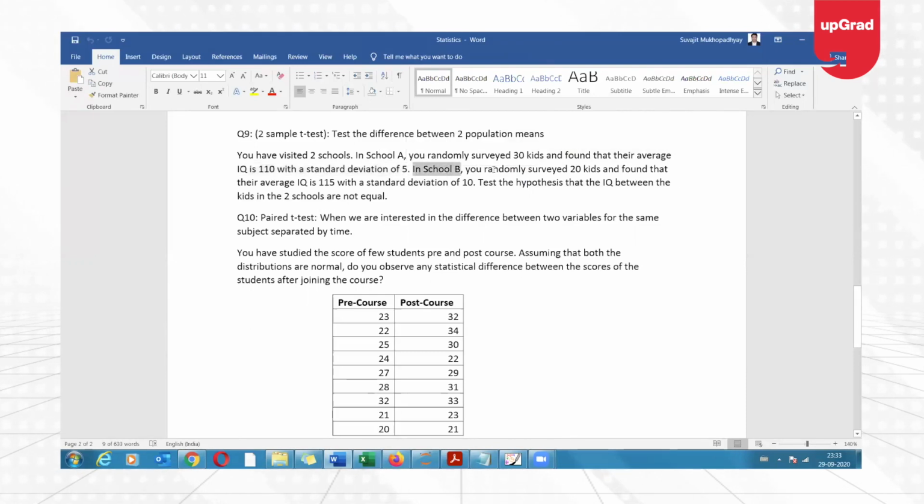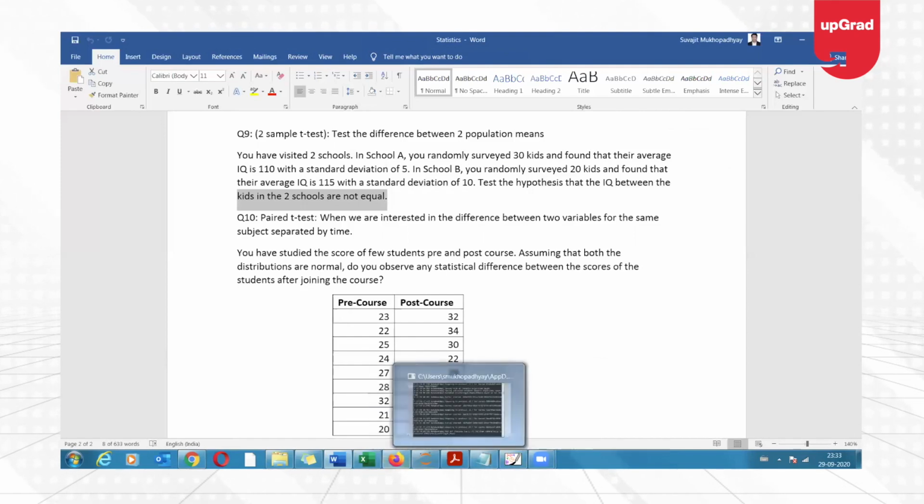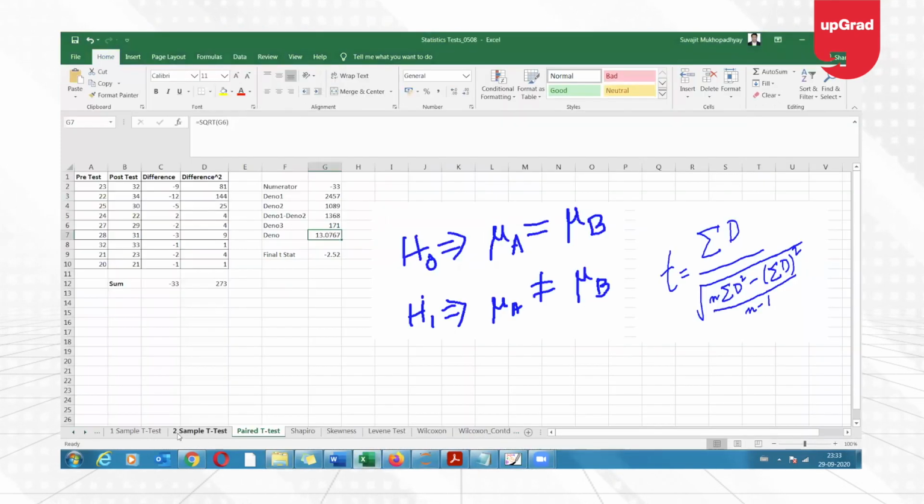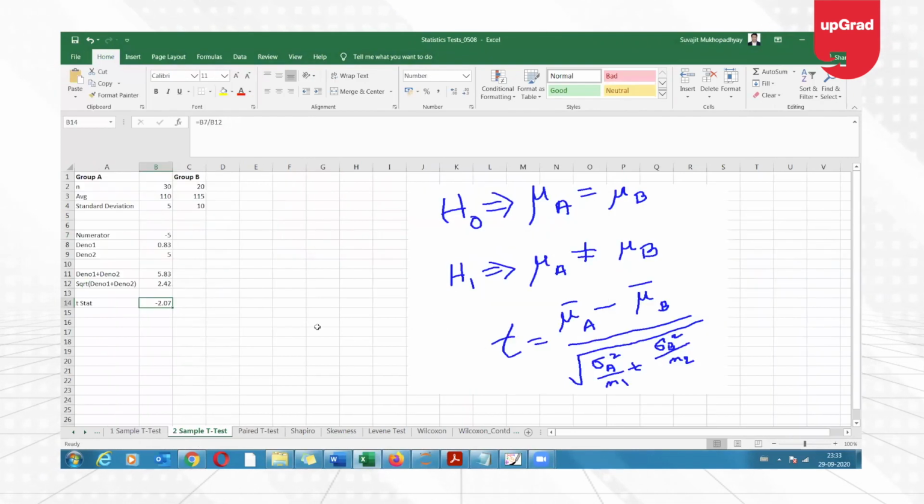I have done the same in school B, where I have randomly surveyed 20 kids and noted their average IQ along with the standard deviation. Now I have to test the hypothesis that the IQ between the kids in the two schools are not equal. So in this case, let's do a two sample t-test.